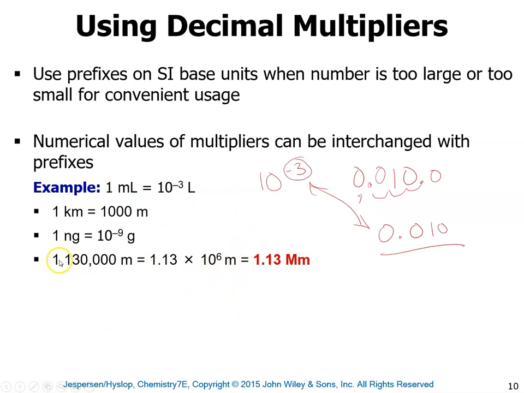Here we have 1.13 times 10 to the 6th meters is equal to 1.13 megameters, essentially. So we can use these to convert from one unit to another. We use these multipliers, and notice what we're actually changing: from this first part to here, we are turning this into scientific notation.